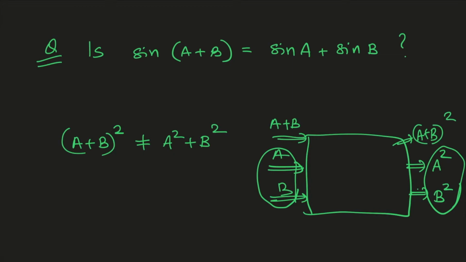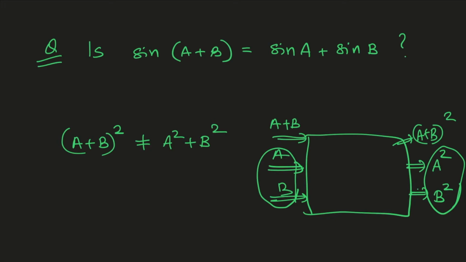Similarly, if you feed a plus b to the black box that is giving you the values of sine, it won't be equal to sine of a plus sine of b. You can verify that. To disprove this statement, you just need to take a counter example.